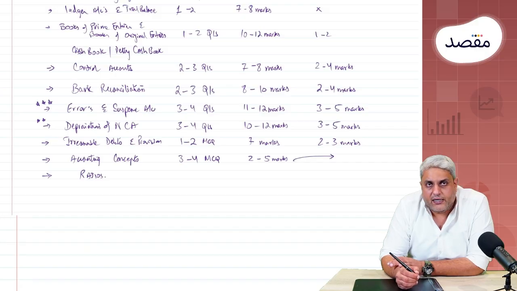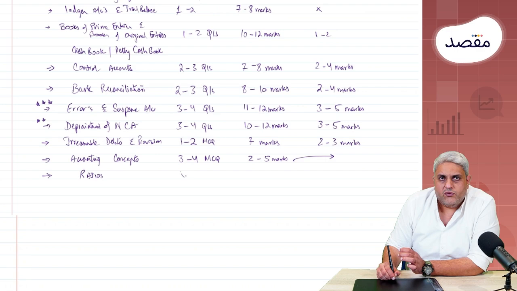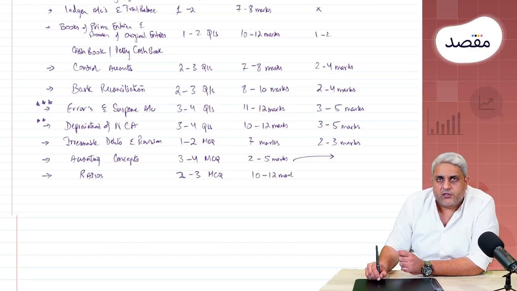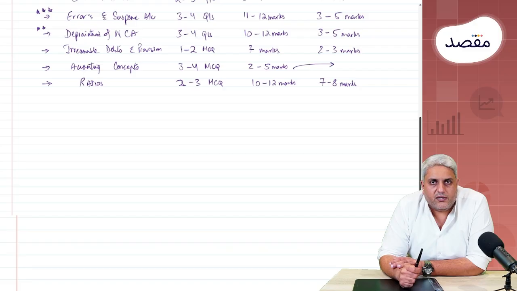The ratios can get tested, they might not get tested, but MCQ में 2 to 3 MCQ 100%. इसके साथ साथ if it gets tested, a full-fledged 10 to 12 marks का question and examiner का favorite theoretical topic 7 to 8 marks, right? So ratios is basically examiner ने दिया और theory आई.